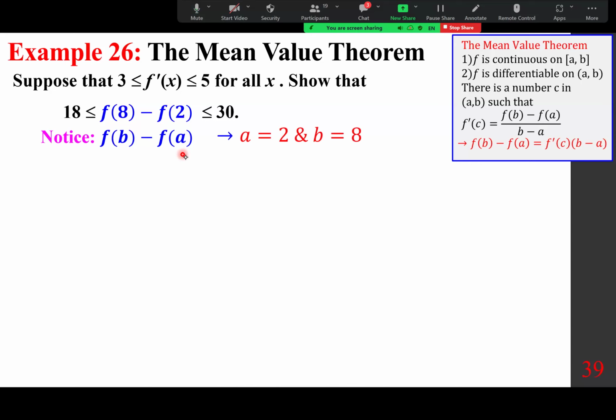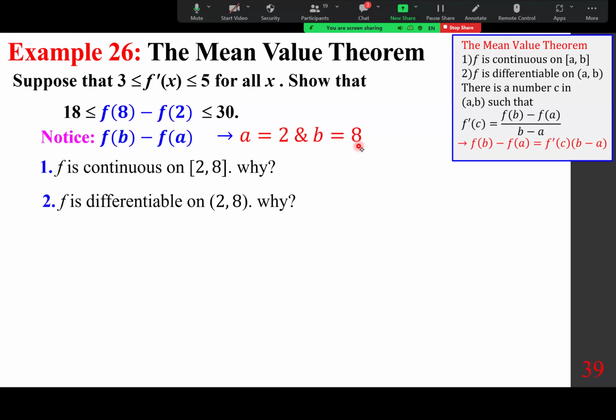Now, if we go with the mean value theorem, the interval of interest is 2 to 8, and f is continuous on the closed interval of 2 to 8, and it's differentiable in the open interval of 2 to 8. The question is, how do we know that? Well, we go back to the question. Suppose that f prime of x is between these two numbers, and that indicates f prime exists everywhere.